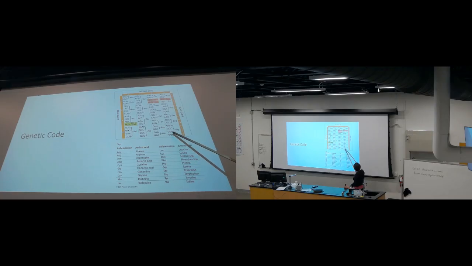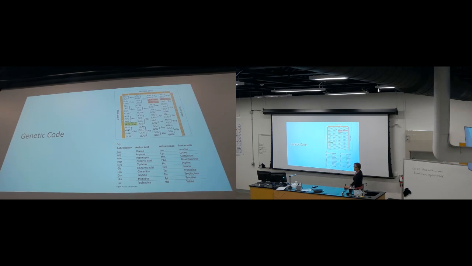And here we have, for instance, another example. If you have 3 Gs, that codes for glycine. If you have 2 Gs and 1 A, that codes for glycine. Same for 2 Gs and Cs, glycine, 2 Gs and Us, it's a glycine.